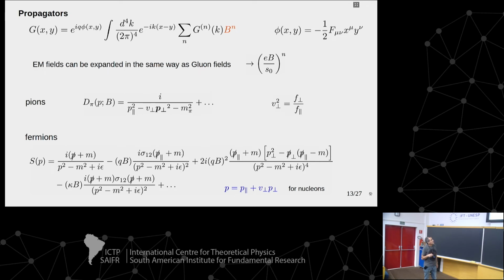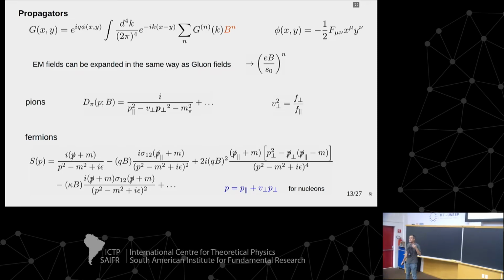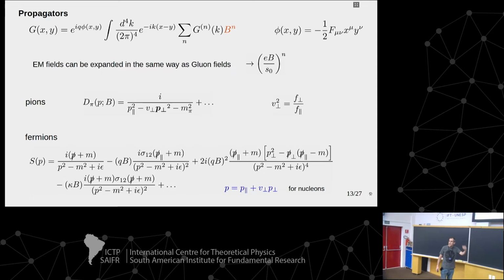So it behaves the same as the gluons, and what we get, in the end, are powers in terms of eB over s0. I have to say that a medium effect usually cuts this; this feature is not valid anymore. The phasors cut exactly the OPE series, the operator product expansion series.